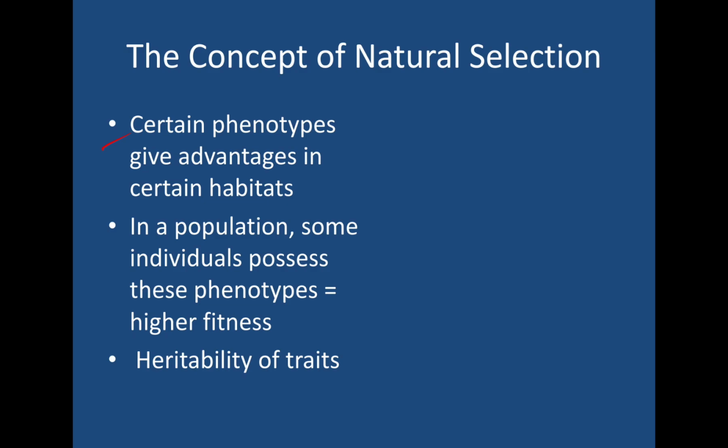Okay? So the second was that in a population, certain individuals will possess some of these favorable phenotypes. So this means that these individuals enjoy much greater success in surviving and reproducing. Okay? By the way, we're talking about the individuals that possess the favorable phenotypes. So what does this show?